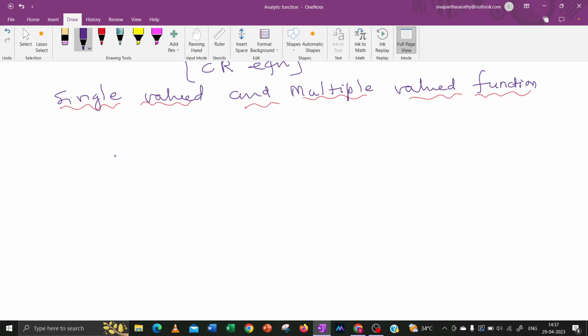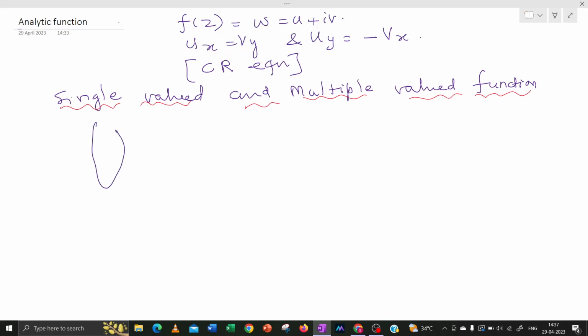For example, a single valued function means consider one function, for every value of z, a unique value of w is there.